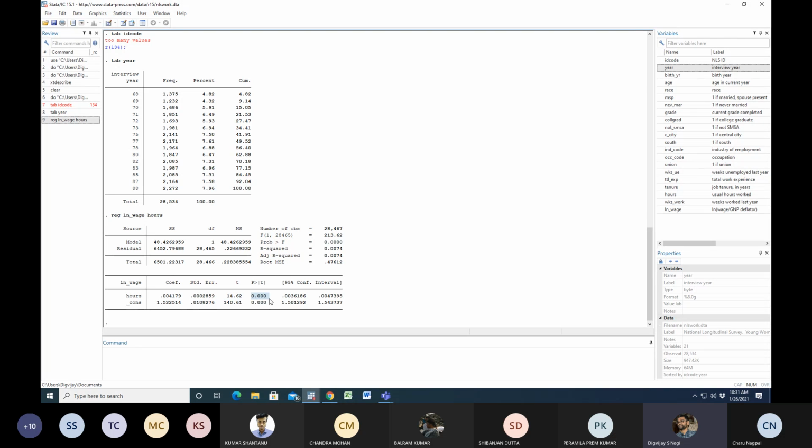Then the p-value, and the 95% confidence interval for the estimate. So this is what Stata gives you, a simple regression output. It will also provide the degrees of freedom details, the sum of squared residuals, and all that information.